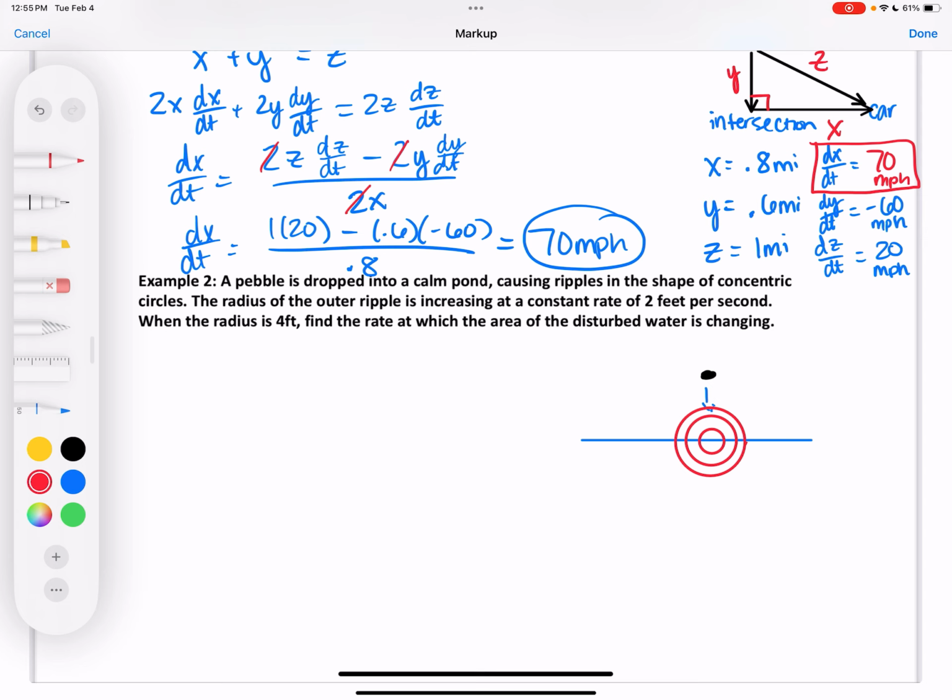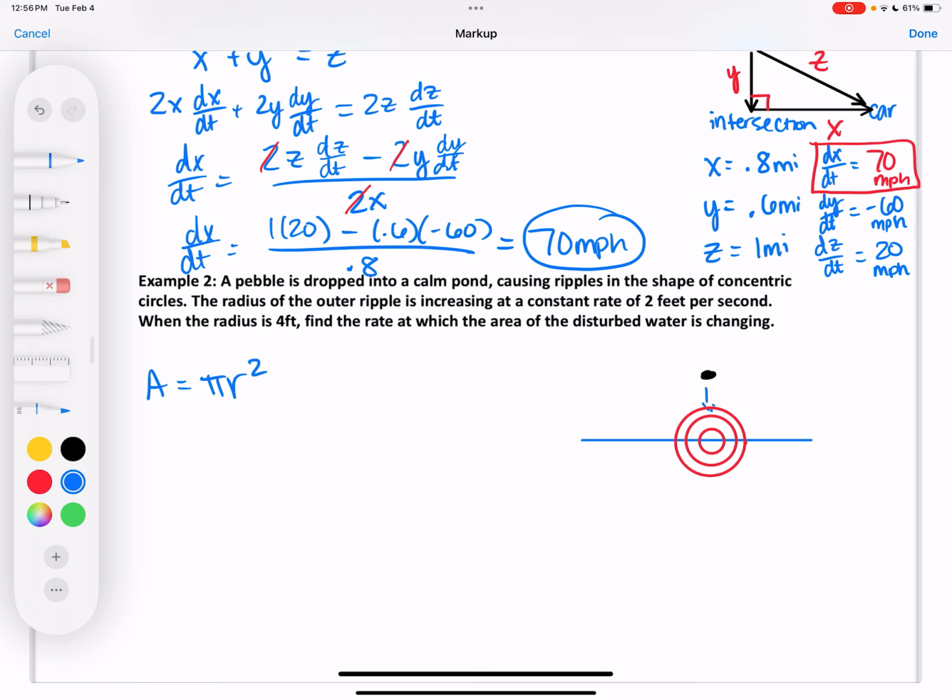All right, so find the rate at which the area of the disturbed water is changing. I know that the formula that goes with the area of a circle is A equals pi r squared. So I'm going to leave that there. In the last problem, I drew the picture first, and then I labeled everything, then I chose my formula.